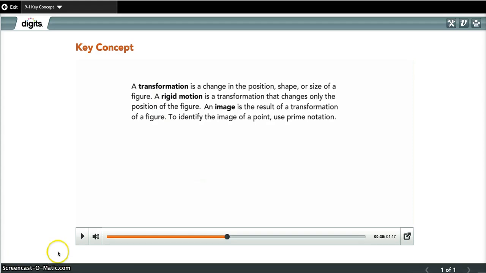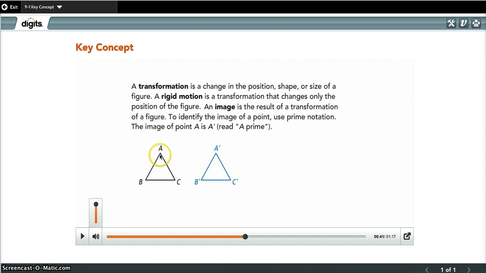All right, let's look at our next set of definitions. Oh, here's an example. Great. We have this original triangle ABC. This is the original, the pre-image. And then we have the new triangle on the graph that's called the image.